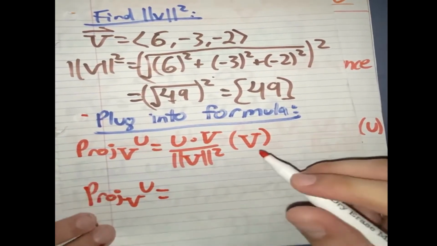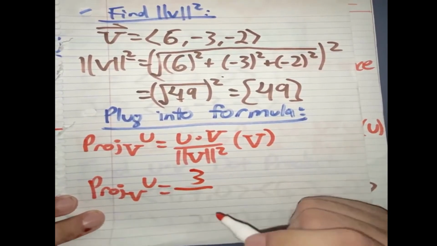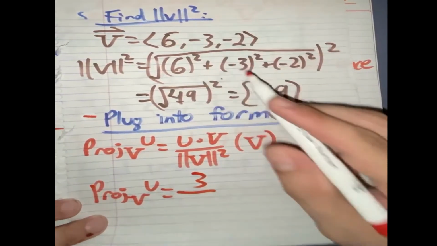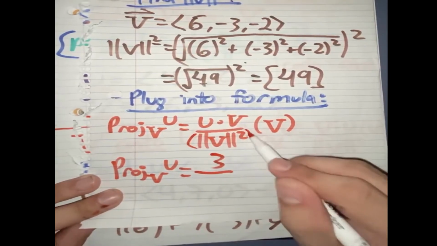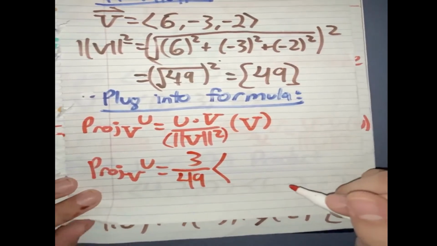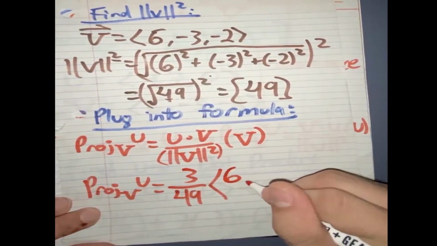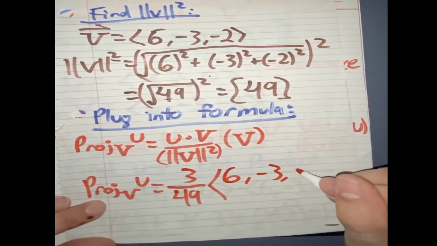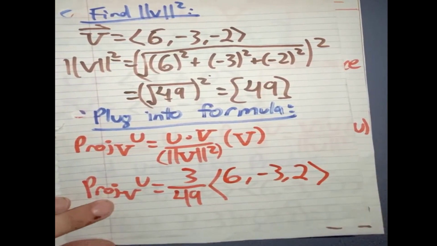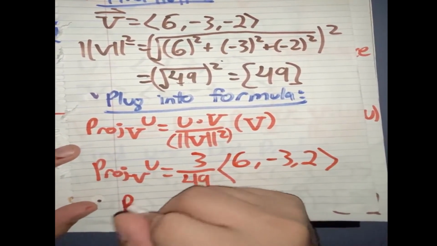Our u dot v, what was our dot product? It came out to be positive 3. Our magnitude of v squared, which is this component, comes out to be 49. And then we're multiplying it by our vector v, which was 6, negative 3, positive 2... I mean negative 2. The next step is to simplify this.